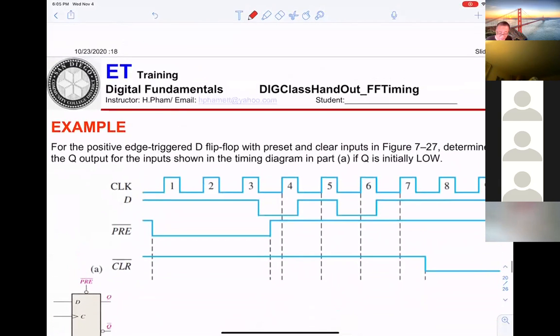Okay, now this thing, draw that thing for me. I can give you the clock transition here.